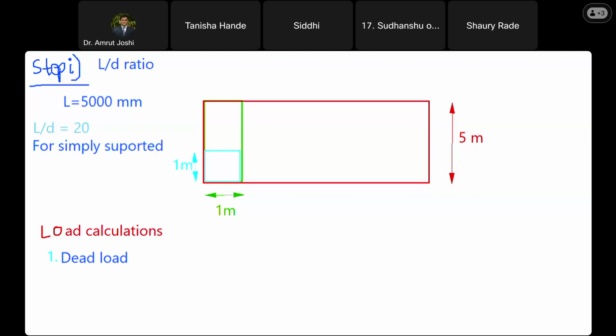So for the simply supported case, as this slab is simply supported over the beams, we consider L by D equal to 20. And what is the dimension L? L is 5000. So I want this 5000 divided by D to be equal to 20. Are you with me? Yes, sir.